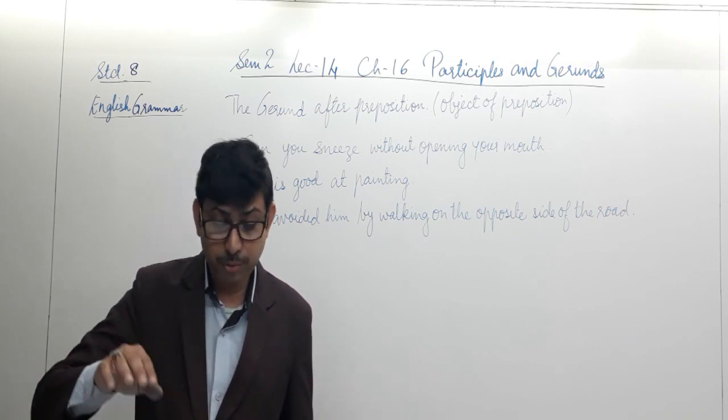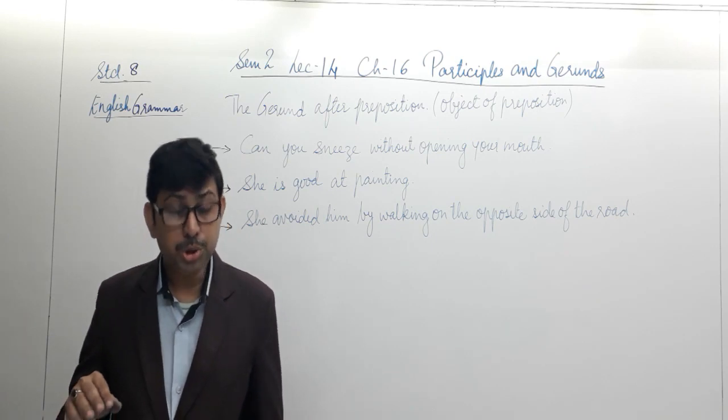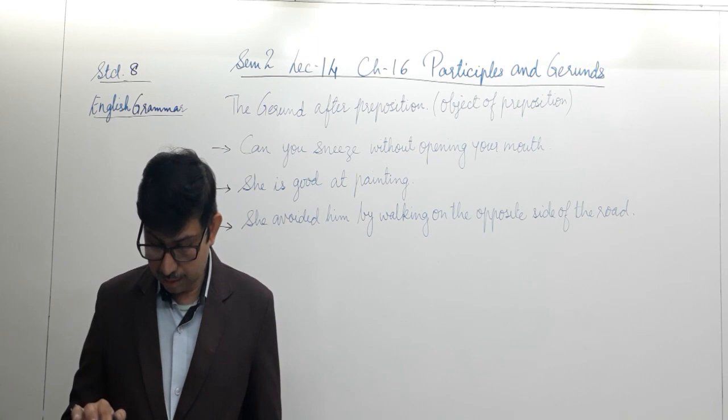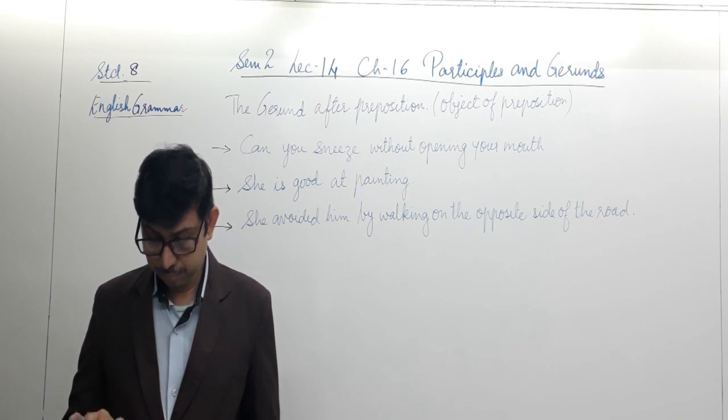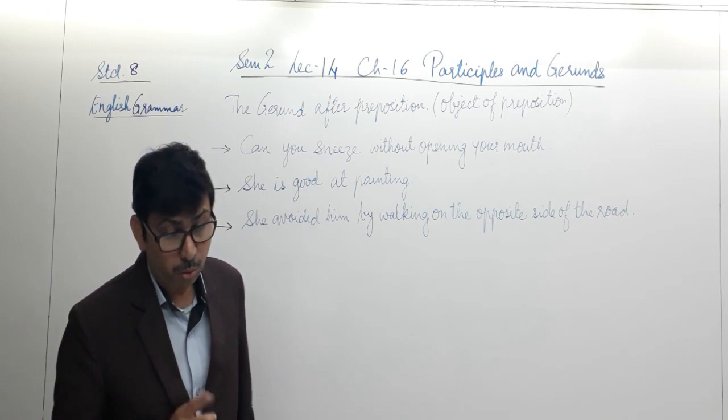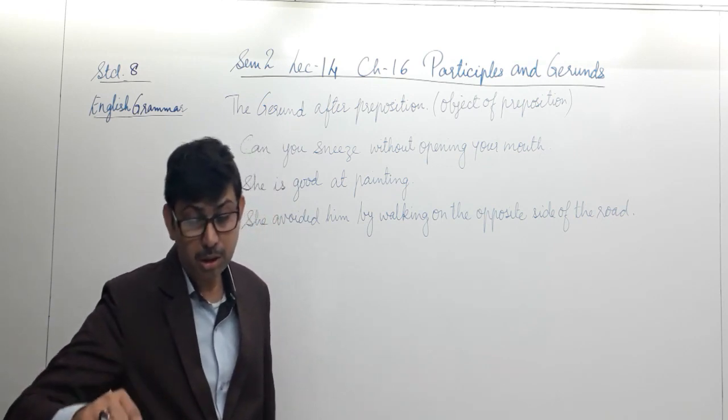One last we have to see, that is used as an object in a sentence. So let us see a few examples about used as an object in a sentence. Teach me swimming was given to us in our text on page 132.